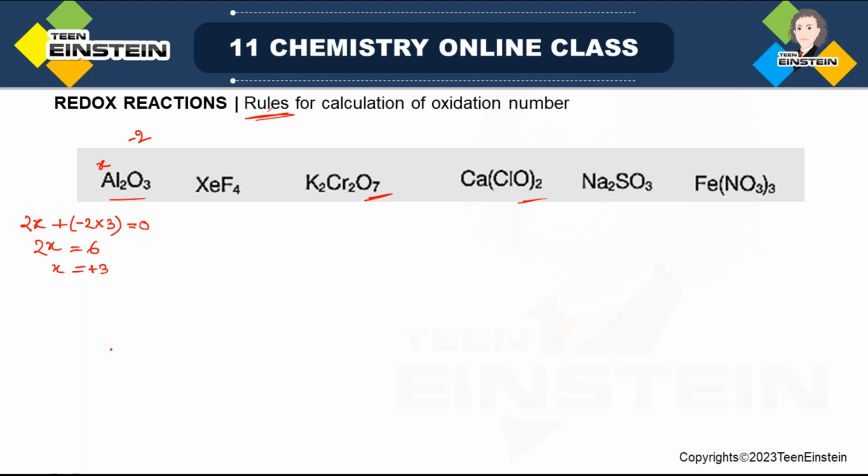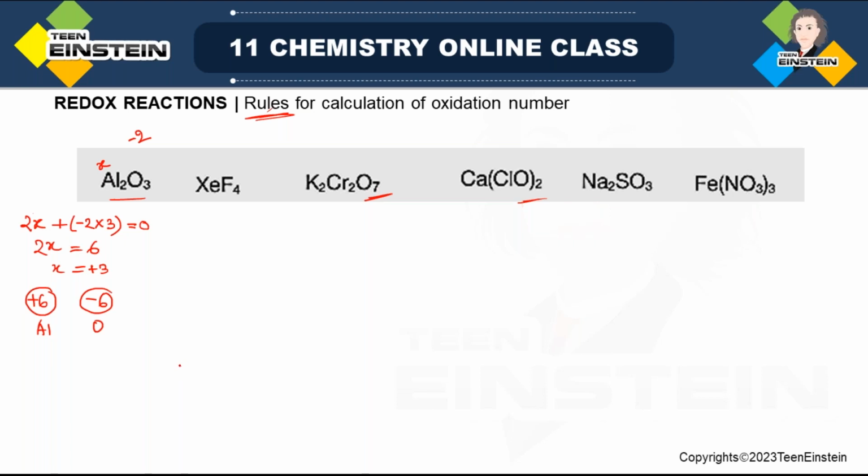That means the oxidation state of aluminium in this molecule is +3. Let us check it once more. +3, 2 aluminium atoms, that means total positive charge +6, which is coming from aluminium, and -2 into 3, total negative charge -6, which is coming from oxygen atoms. In this way, finally you can check whether the overall charge is neutral.